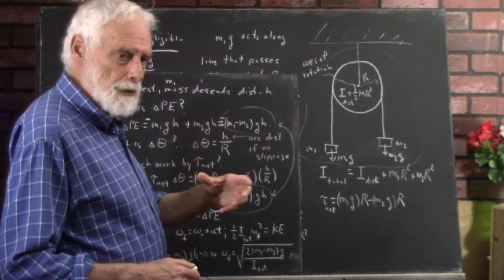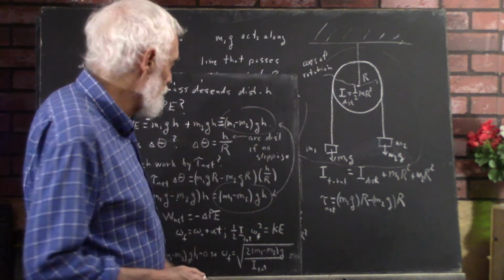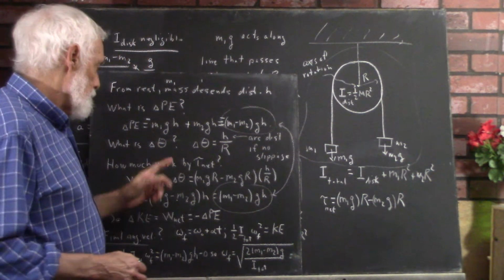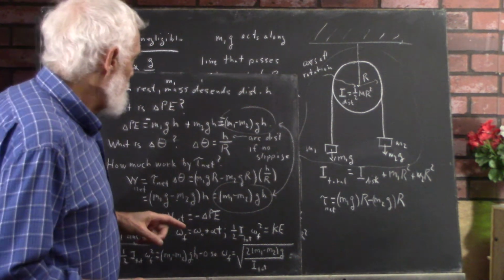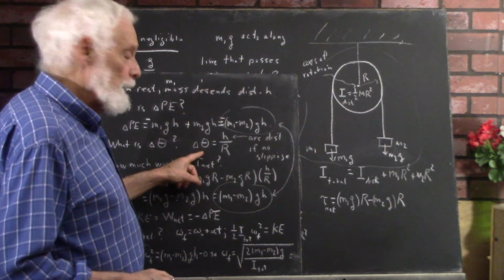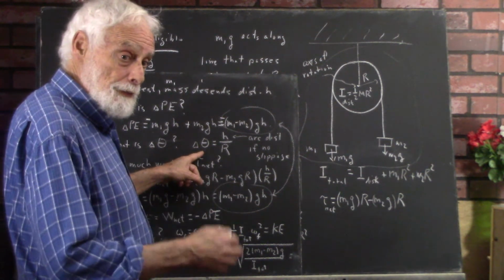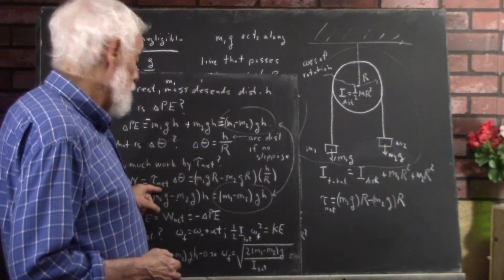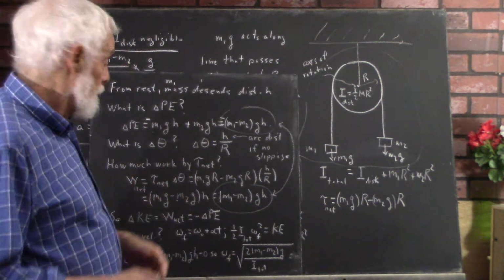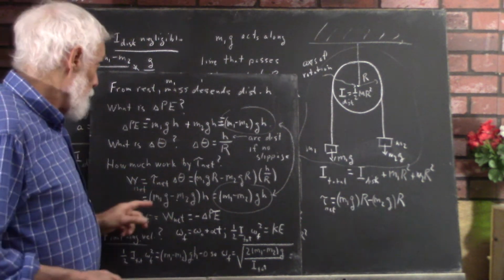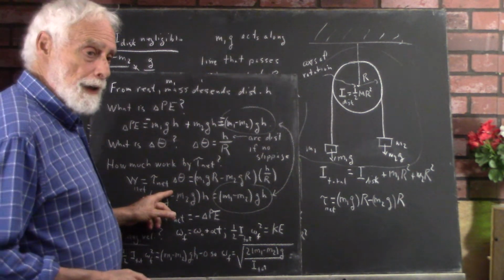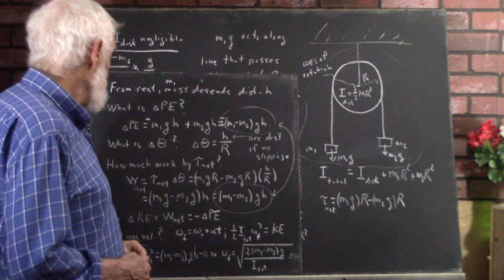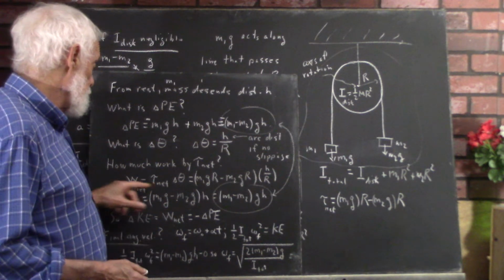In other words, the work is F times delta S. Just by analogy, delta theta is analogous to distance or displacement, and tau net is analogous to force. Now this is easily derived, but if you remember it by analogy, it's not a bad way to remember it. You want to go a little deeper than that, but this will get you by.